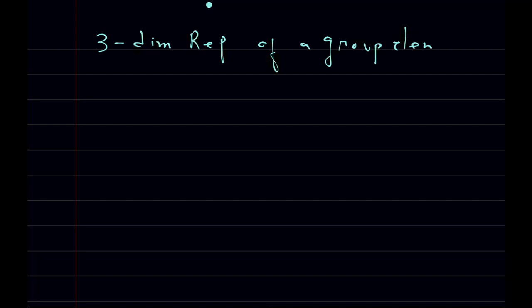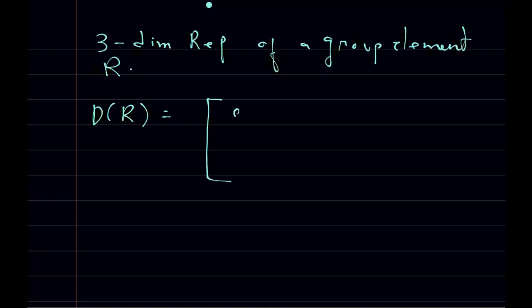Consider you have some group elements and you are forming a three-dimensional representation of a group element R. And you were lucky and you found a representation d of R which was in this form.